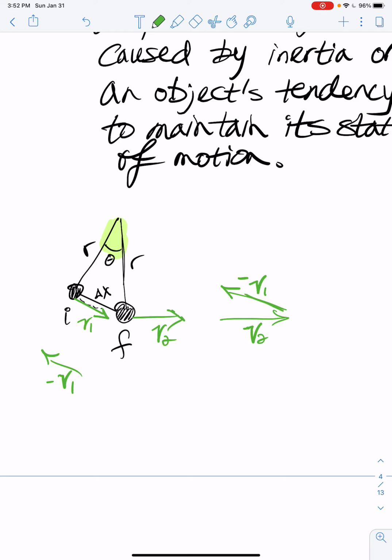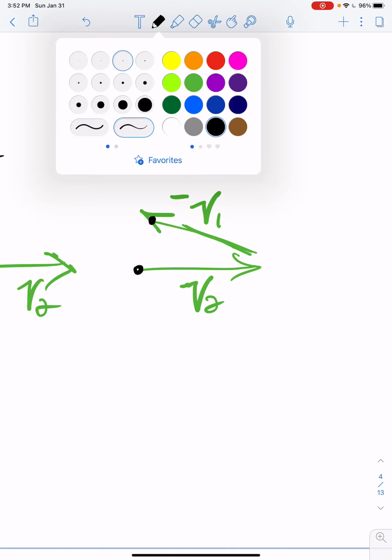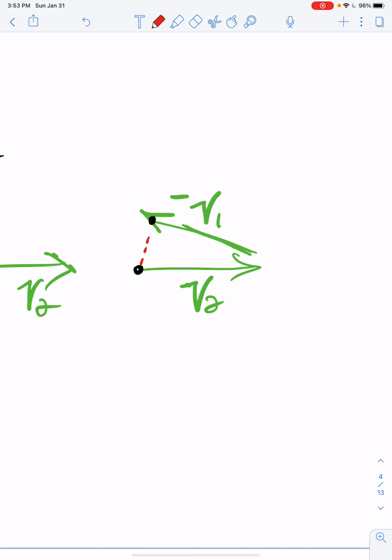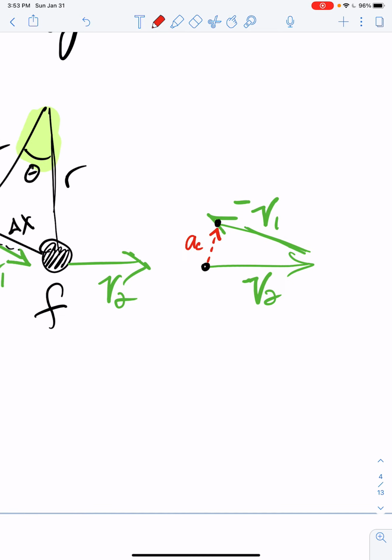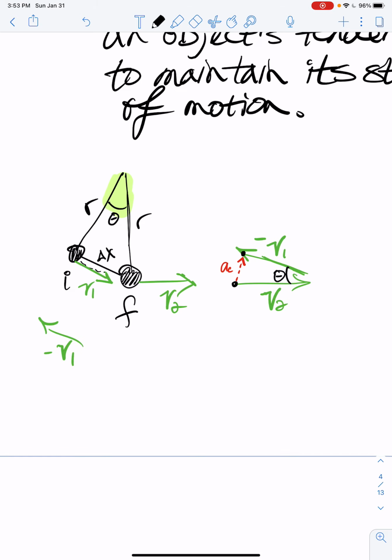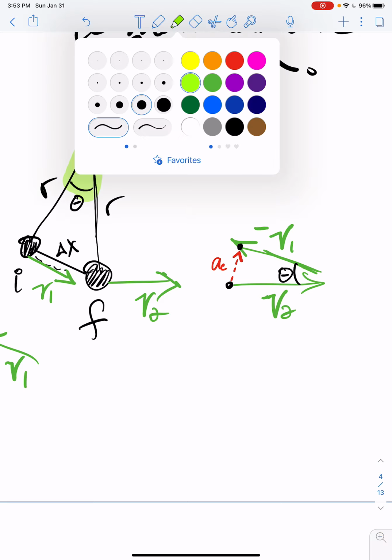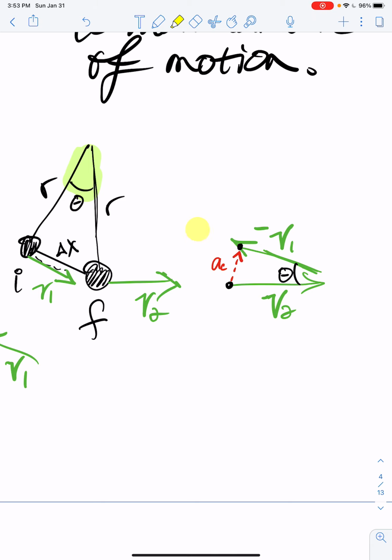And the acceleration would look like that. My drawing's a little rough, so I'm correcting it here. This would be theta, and these are similar triangles right here. This triangle in yellow is similar to this triangle.